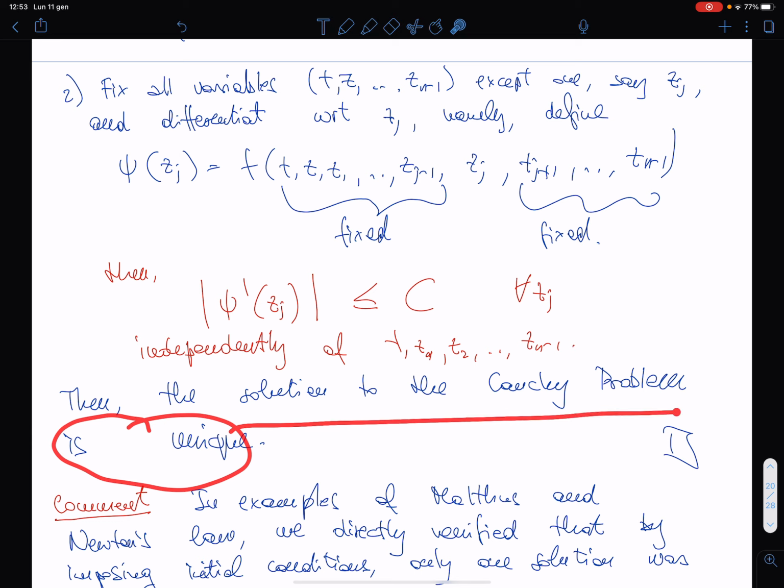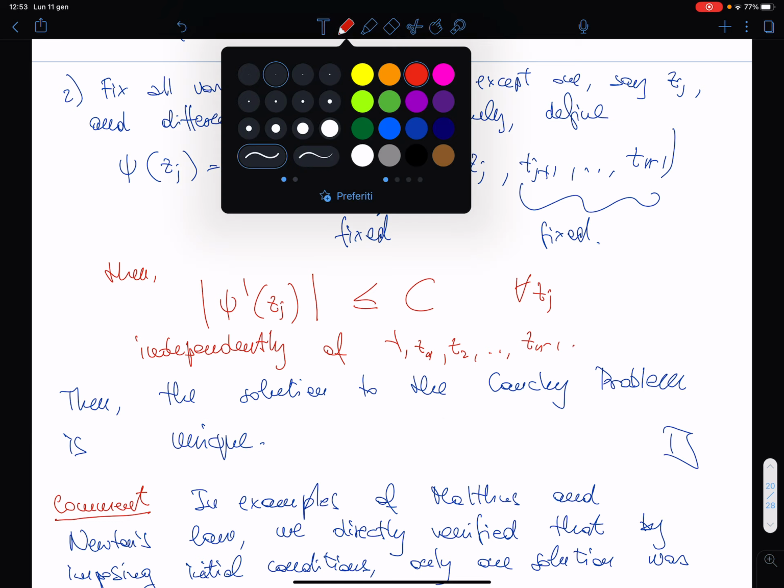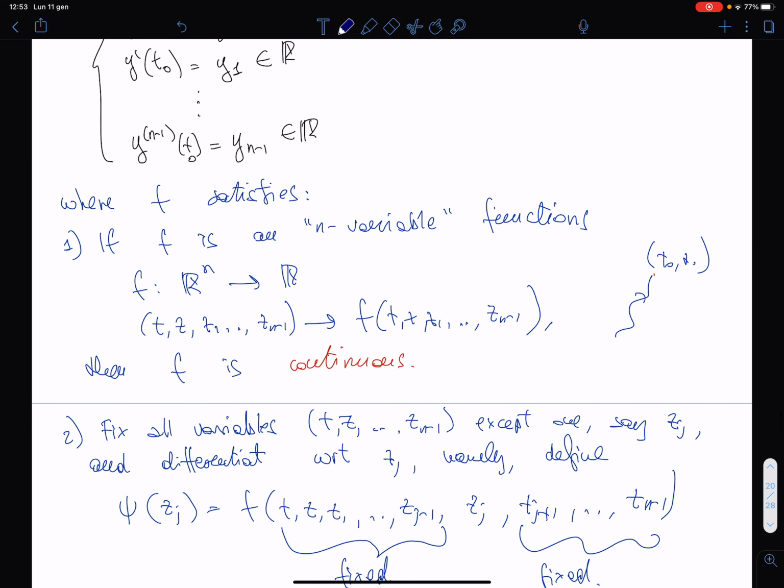So when these two hypotheses are fulfilled, then we have existence and uniqueness. To be more specific, the solution to the Cauchy problem exists and is unique. Now, a natural question is the following: what happens if we neglect the second, more technical hypothesis and just leave the continuity?